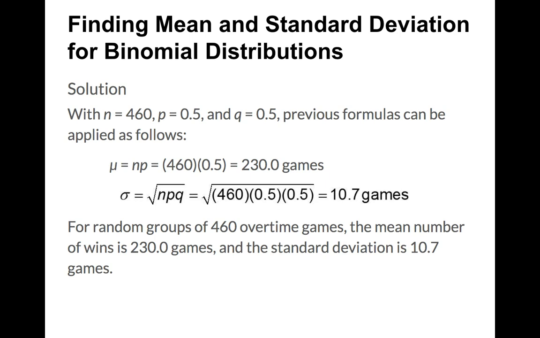And the average of those data points would be 230, or close to. And now the standard deviation is the square root of n times p times q, the square root of 460 times 0.5 times 0.5, which is 10.7. Again, our data values are whole number wins, so we're going one decimal place beyond for our mean and standard deviation. Check those out. Make sure you agree.